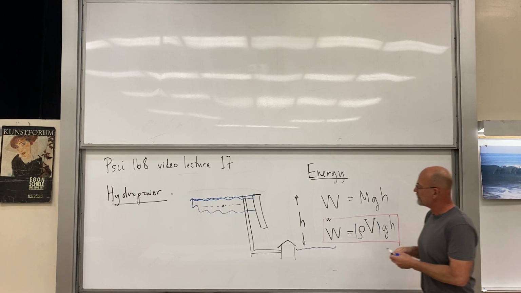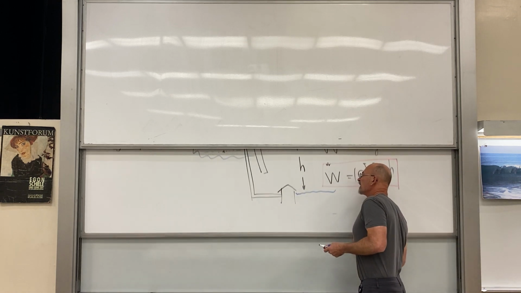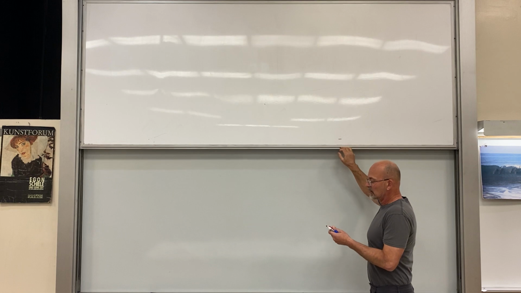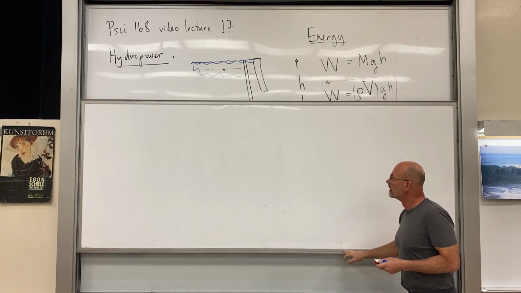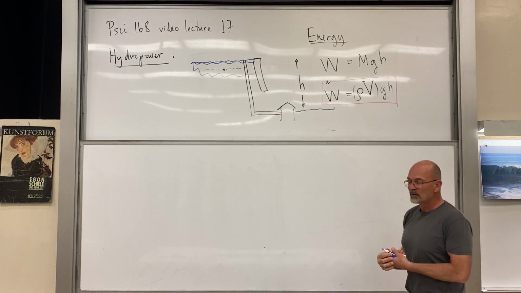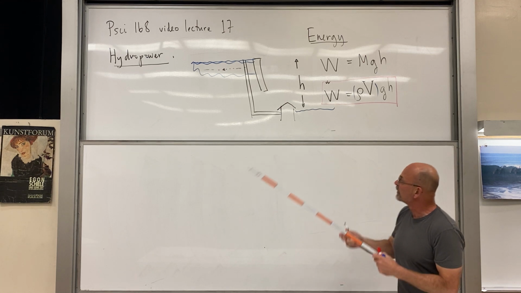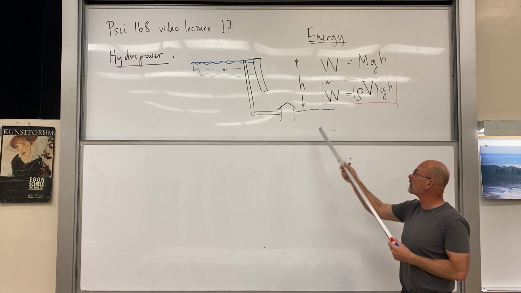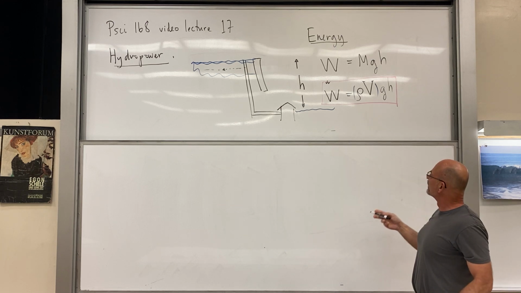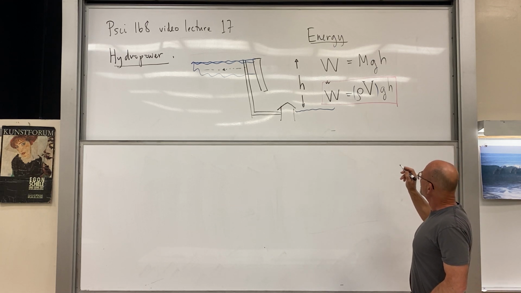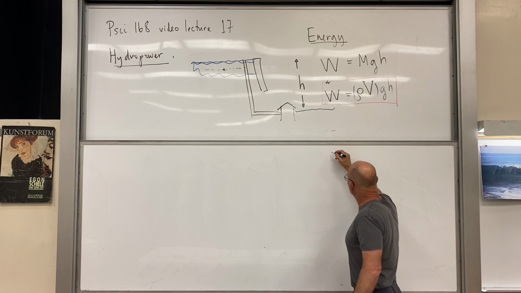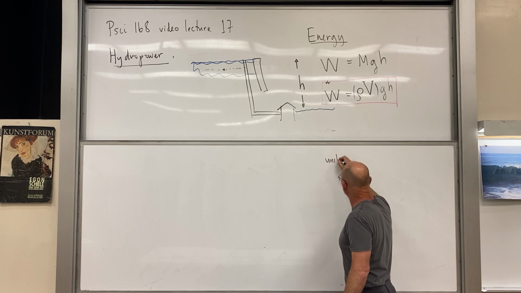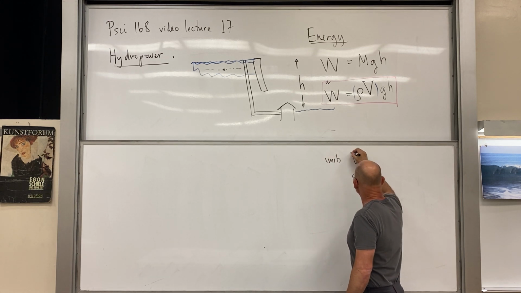Good. And remember, always kilograms, meters, and seconds. So everything is in terms of our basic quantities. That way our formulas always come out right. So the units are going to be joules.